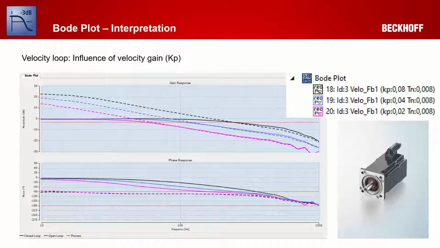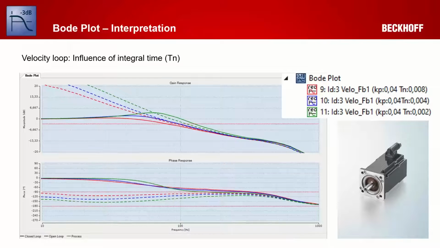So the motor is reacting better. And the black curve is again a doubled gain, and this is again an improved behavior. The same can be done for the integral part of the velocity loop, so the Tn. We are starting with a red curve.